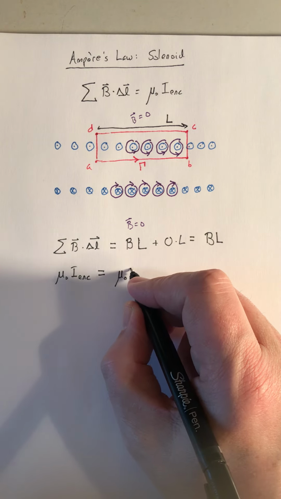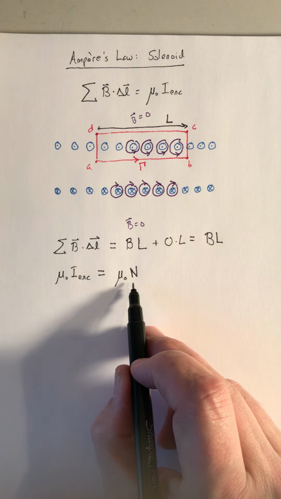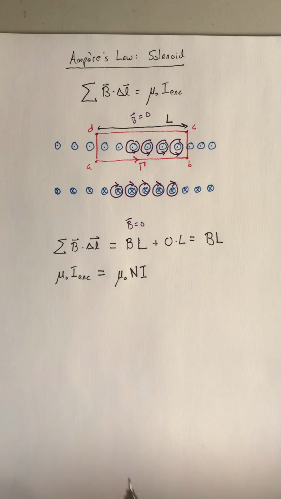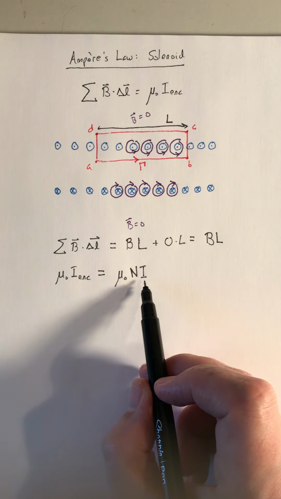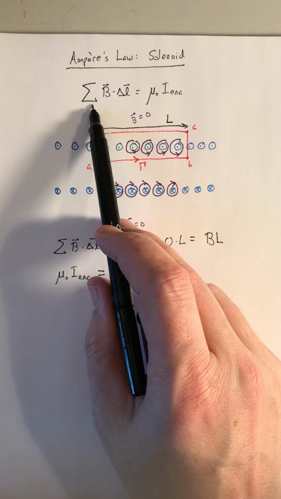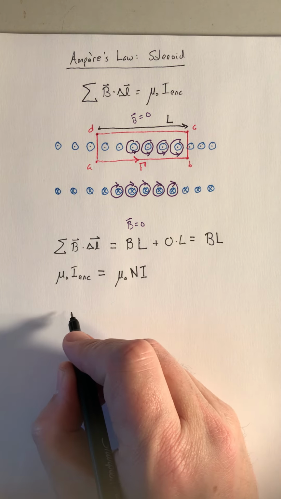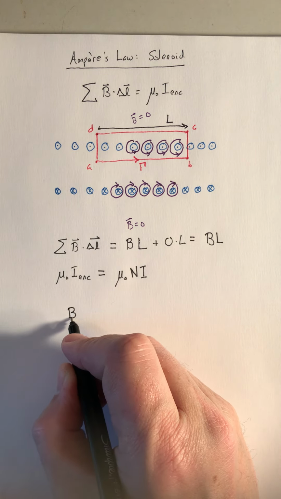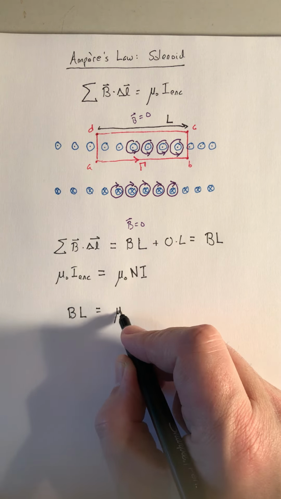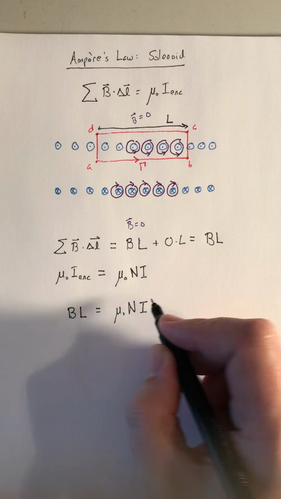So I'm going to leave this as an arbitrary statement. Some number of turns, N in the solenoid, times the current in one loop of the wire. So now we've got the left-hand side and the right-hand side of Ampere's law. And so far this is telling us B times L is going to be mu naught times N times the current.